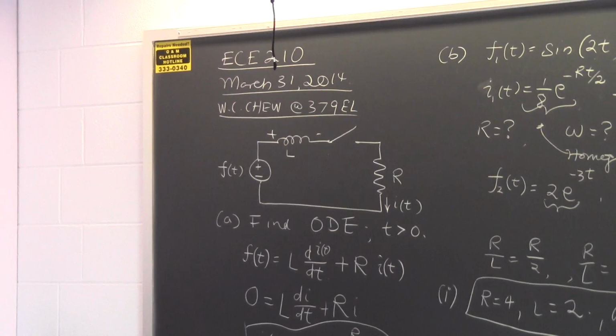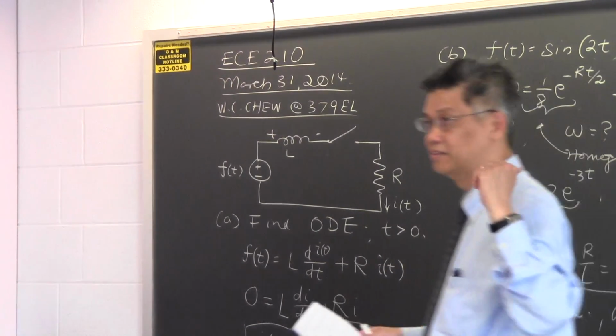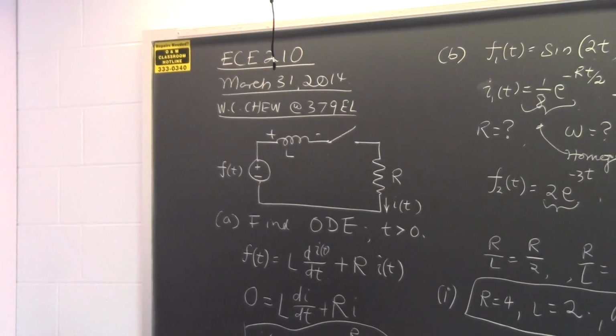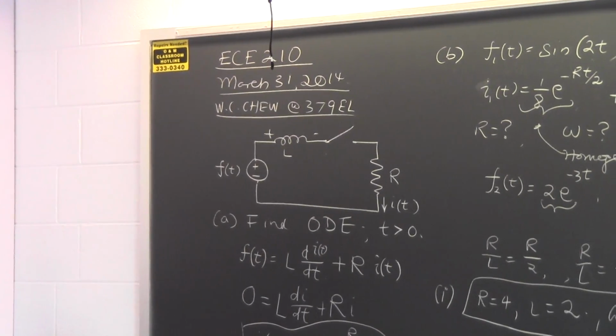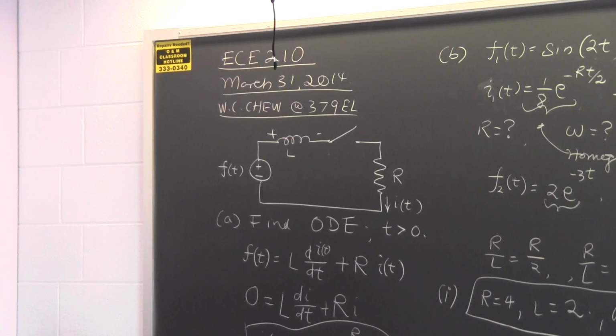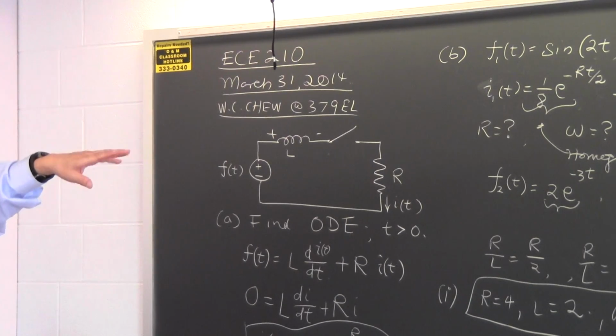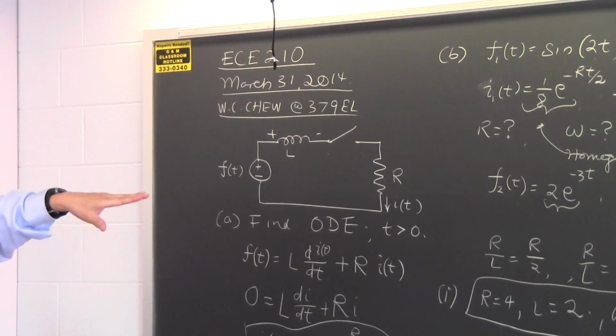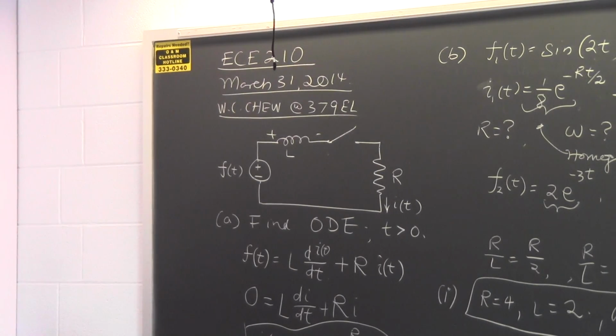The transients die out, leaving behind only the sinusoidal steady state, cosine of omega t minus 3 pi over 4, and that has the phasor representation given by that number over there.